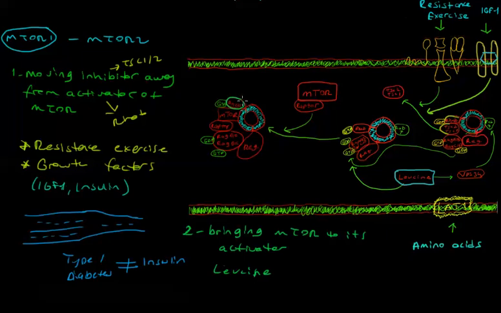Okay, so leucine comes and binds its own receptor, which is called LAT1, and once leucine enters inside the cell, it causes a bunch of conjugated molecular reactions, and eventually it leads Rag proteins to turn on, and that results in bringing mTOR to its activator, which is right here, right? Now we activated mTOR by taking protein that is rich in leucine. If we give an example for that, we can say whey protein is a very good example for a protein that is rich in leucine. So by doing that, we activated mTOR, okay, and we did resistance exercise, and we moved inhibitor from activation side of mTOR.